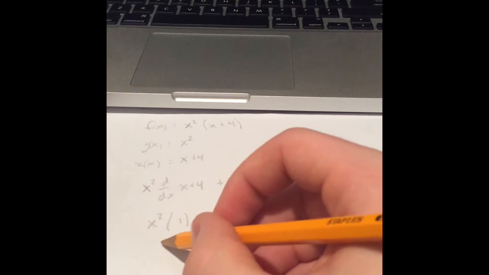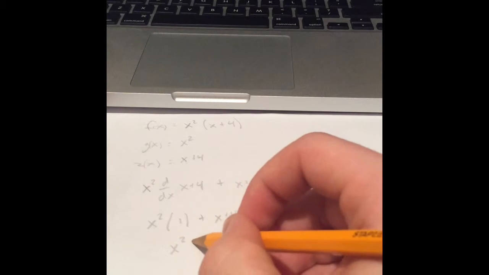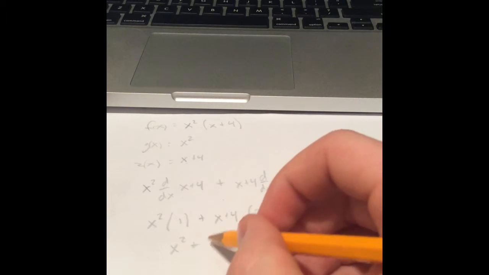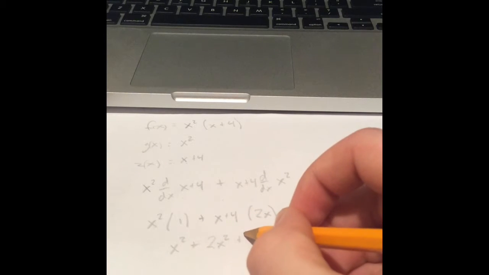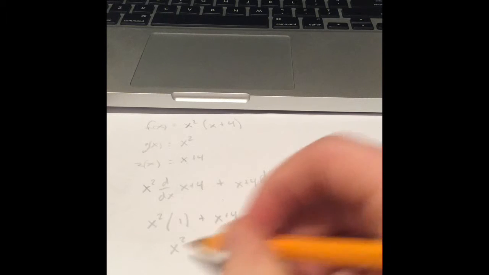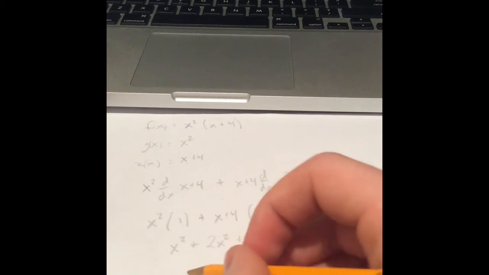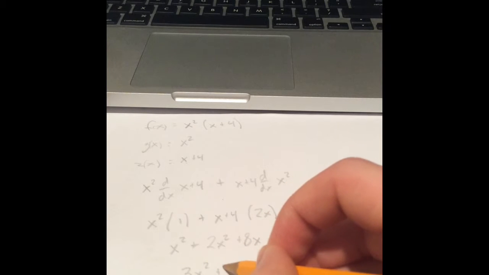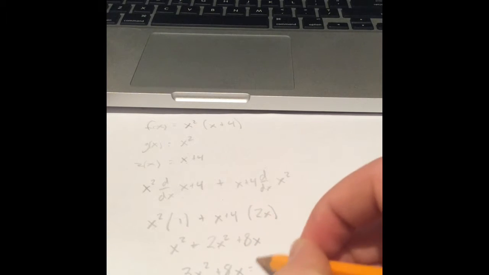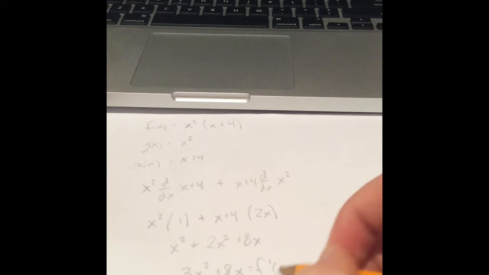Simplify, and we have x squared plus, we can distribute this, 2x squared plus 8x. Combine like terms here. So we have 3x squared plus 8x, and that is our derivative.